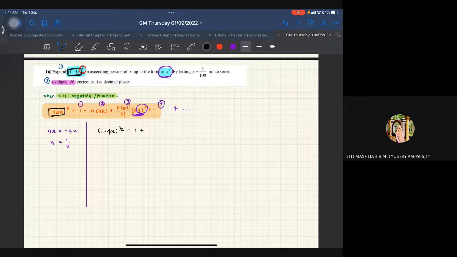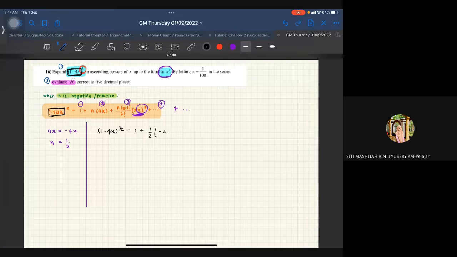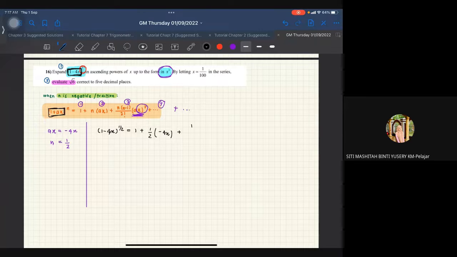And then plus dengan N awak adalah 1/2, and then multiply with your AX. AX is negative 4X. Okay, so tambah lagi, kita ada 1/2 darab pula dengan N tolak 1, negative 1/2.